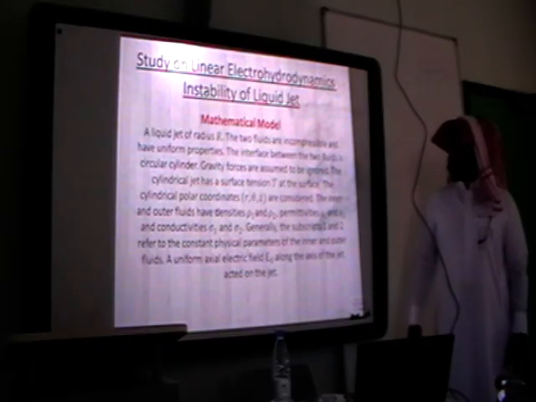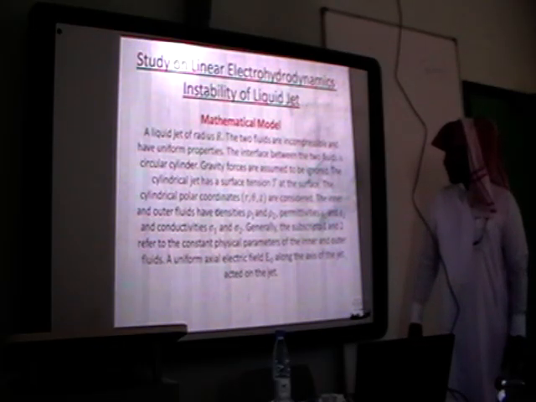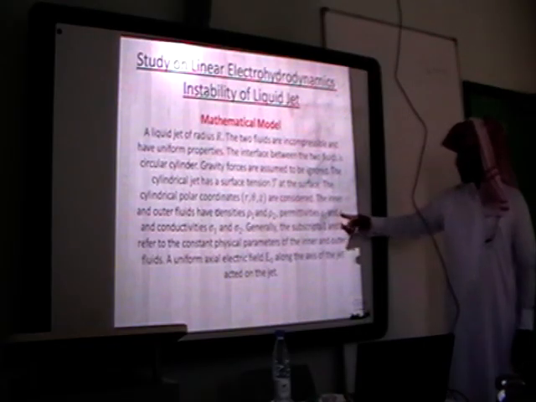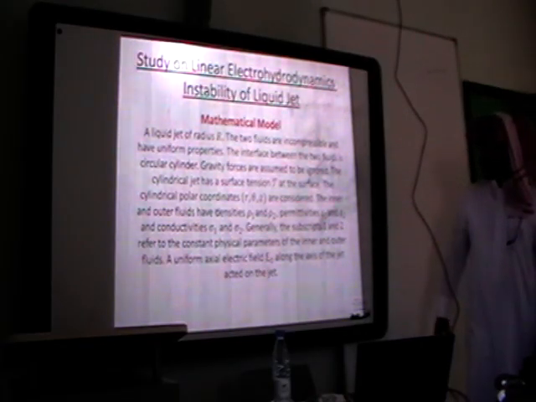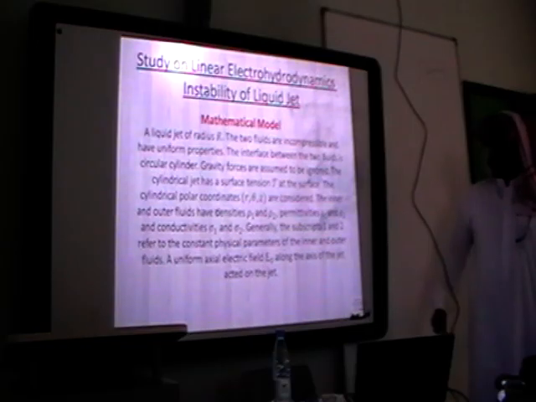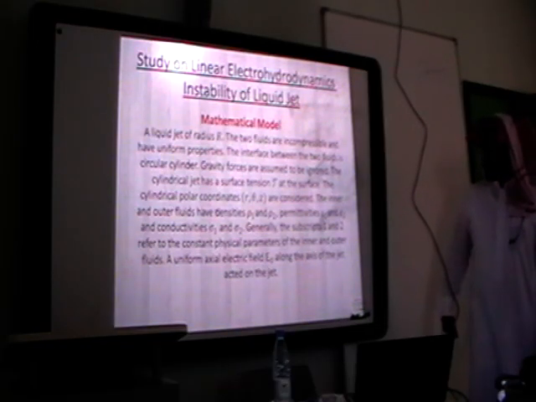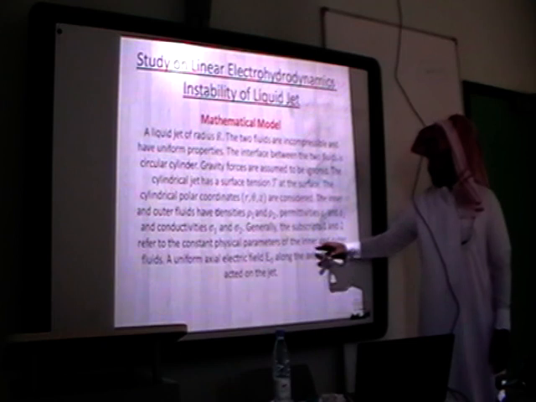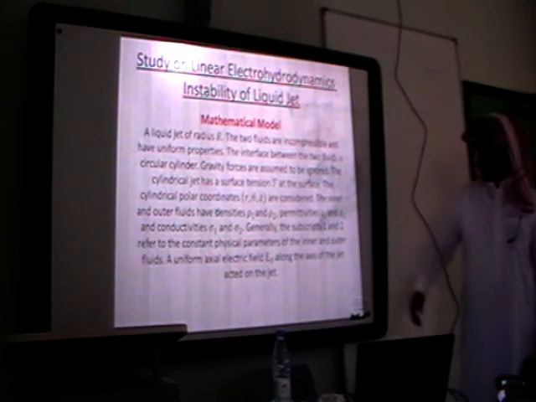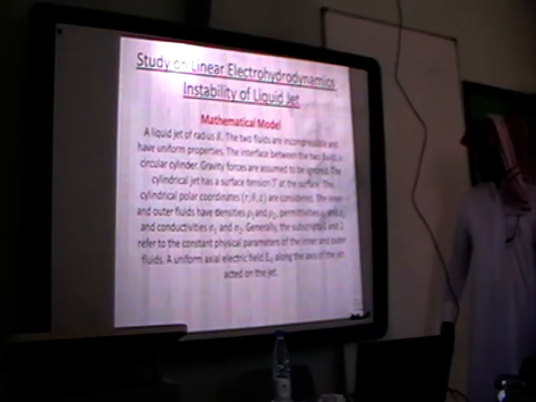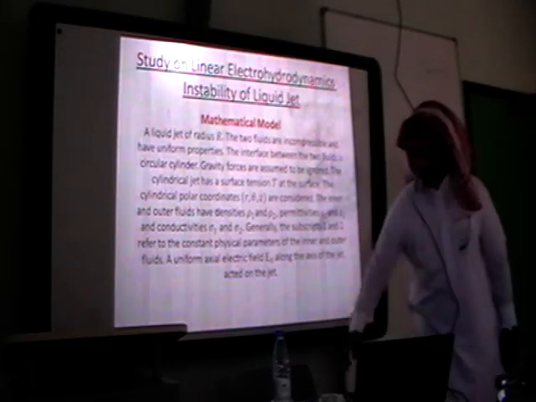The inner and outer fluids have densities ρ1 and ρ2, permittivities epsilon 1 and epsilon 2, and conductivities sigma 1 and sigma 2. In general, the subscripts 1 and 2 refer to the constant physical parameters of the inner and outer fluid. A uniform axial electric field E0 acts on the jet along its axis.